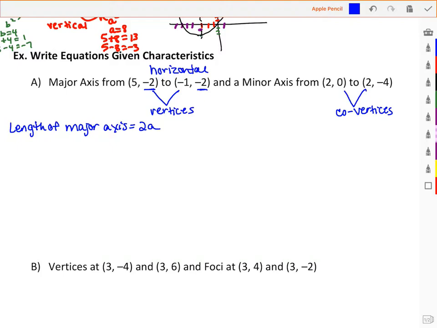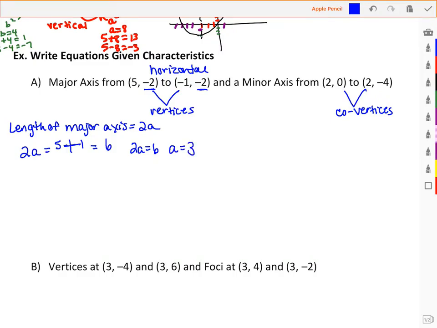Because the y values are the same, all we need to do is see how far 5 and negative 1 are apart from each other. So 2a is equal to 5 minus a negative 1, which is the distance between these 2 points. 5 minus a negative is a plus, so 5 plus 1 is 6. So 2a equals 6, which means that a is equal to 3.